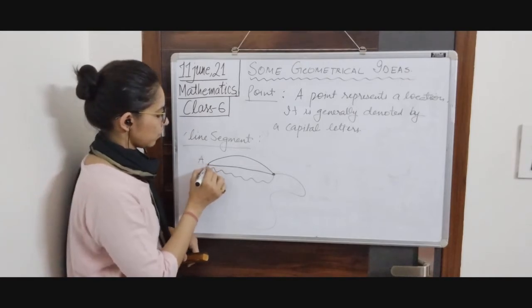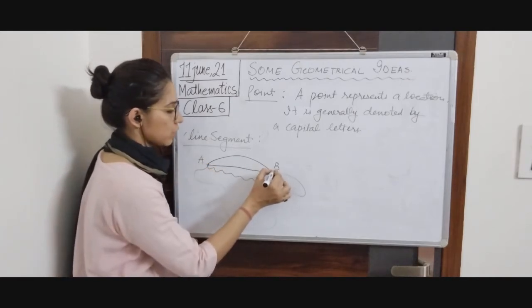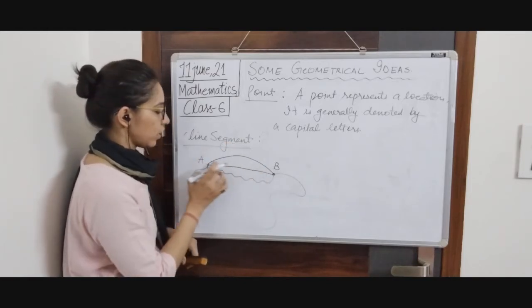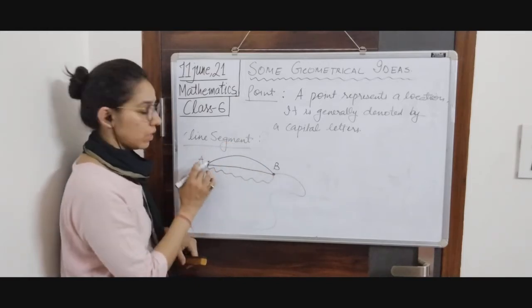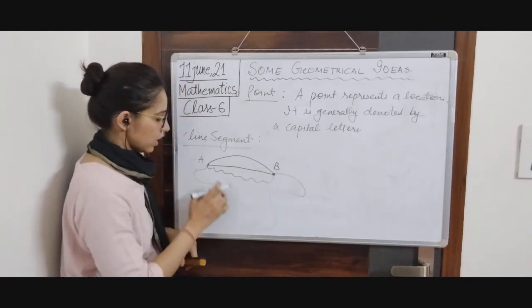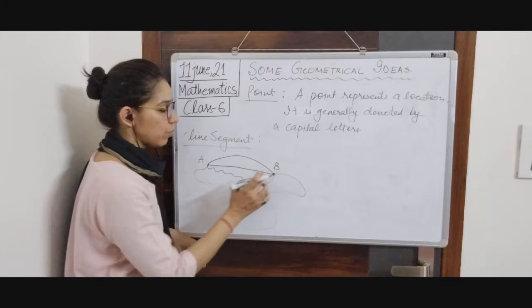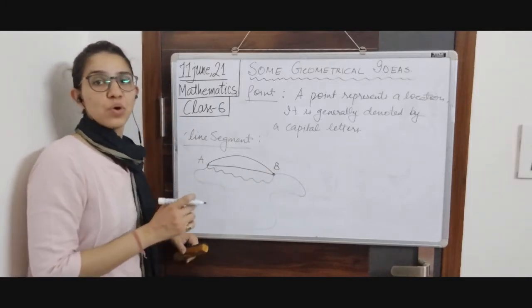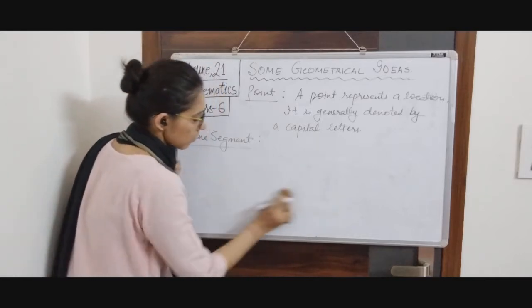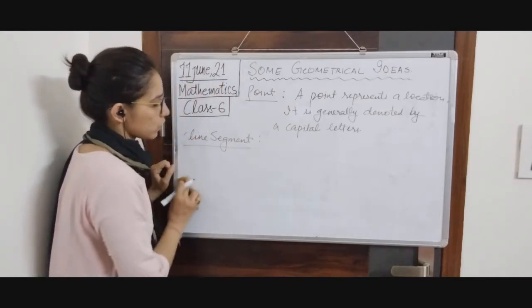If this point is A and this point is B, then line segment is the shortest join between point A and B. This is also a join, this is also a join, this is also a join. But the shortest join between two points is known as a line segment, and in a line segment the points are also included.